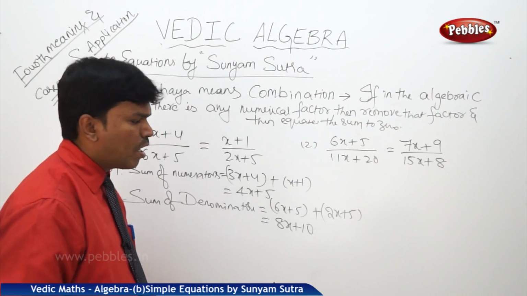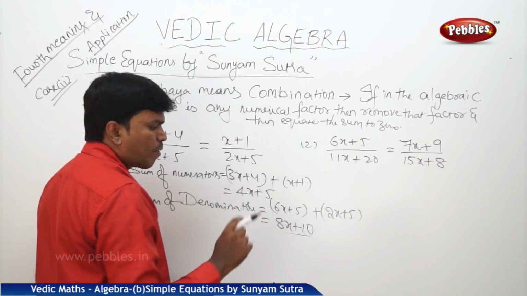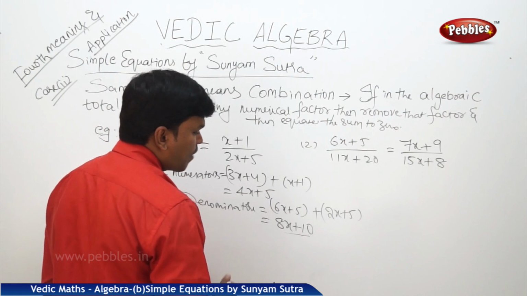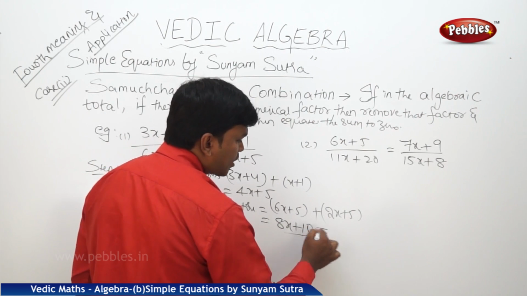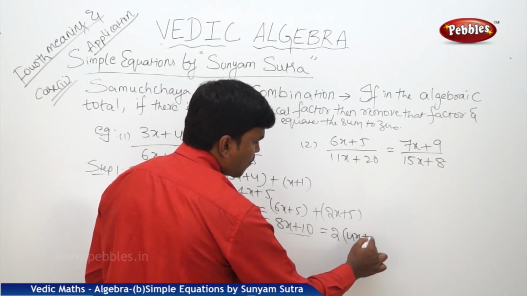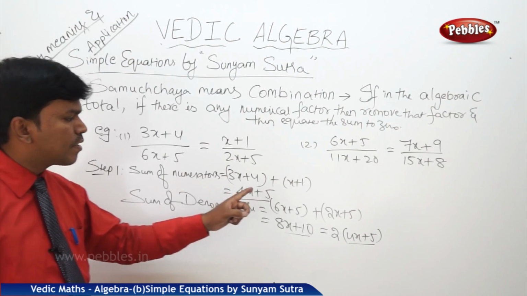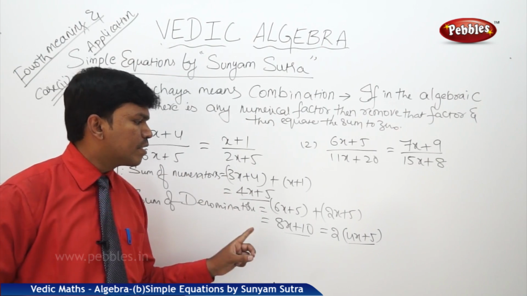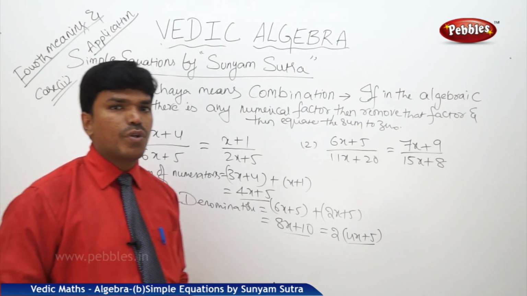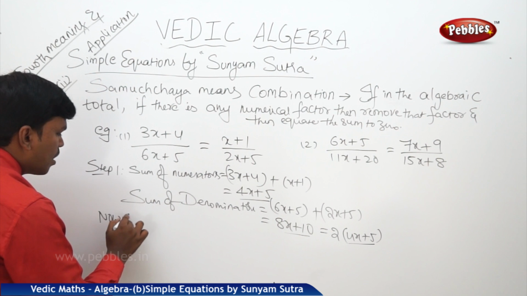If you observe the 8x plus 10, there is a common numerical factor in it. What is the common numerical factor? If you take 2 common out, it is nothing but 4x plus 5, the same sum which we got in the sum of numerators. Now what you need to do?